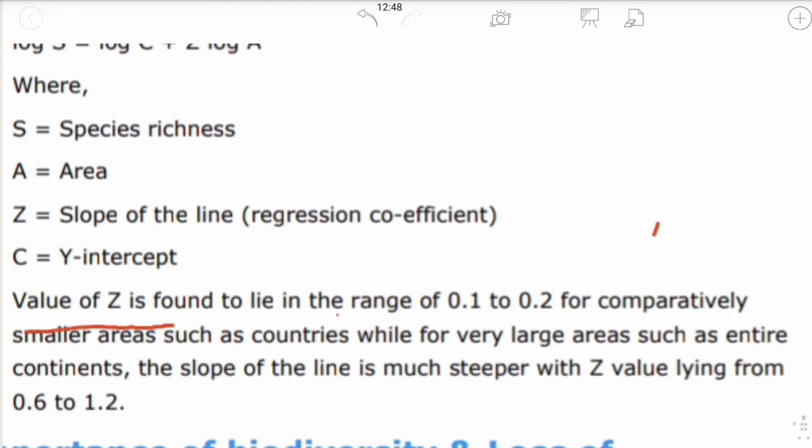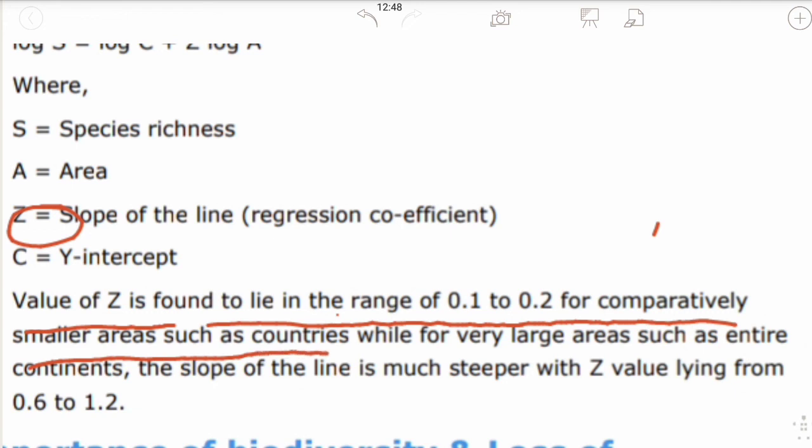The value of Z is found to lie in the range of 0.1 to 0.2 for comparatively smaller areas such as countries, like India.